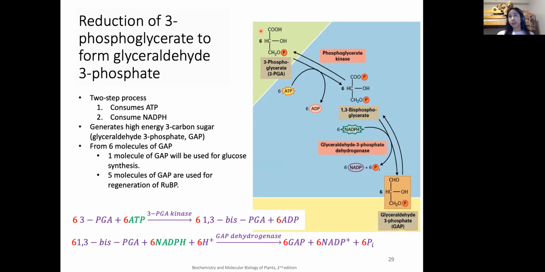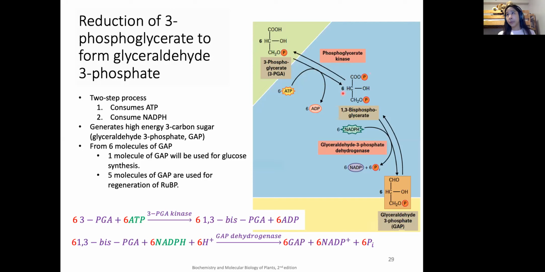Notice that this 3-phosphoglycerate, at the beginning, has only 1 phosphate in the molecule. But after the first step by the enzyme phosphoglycerate kinase, the enzyme name kinase means adding phosphate. Every time you see the word kinase, it means you are adding more phosphate to the reactant or the substrate.